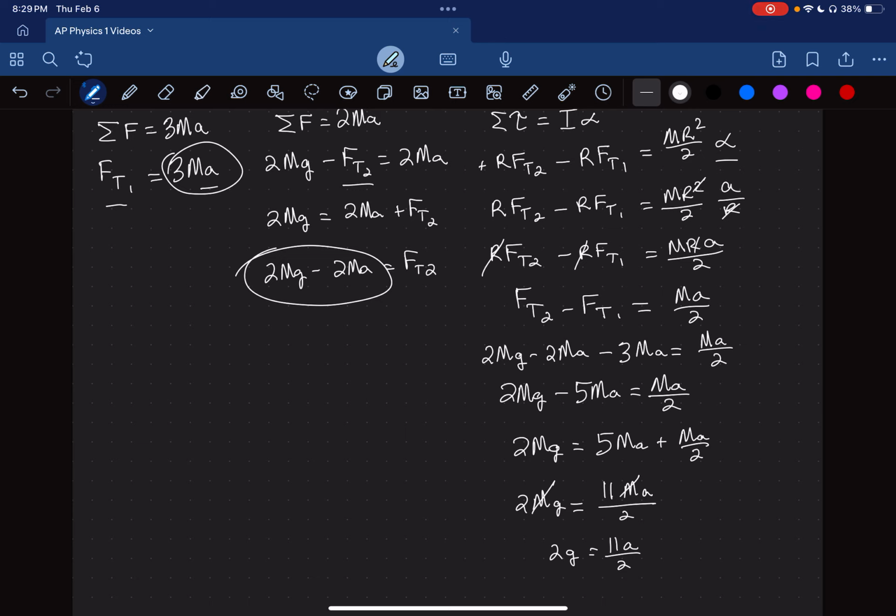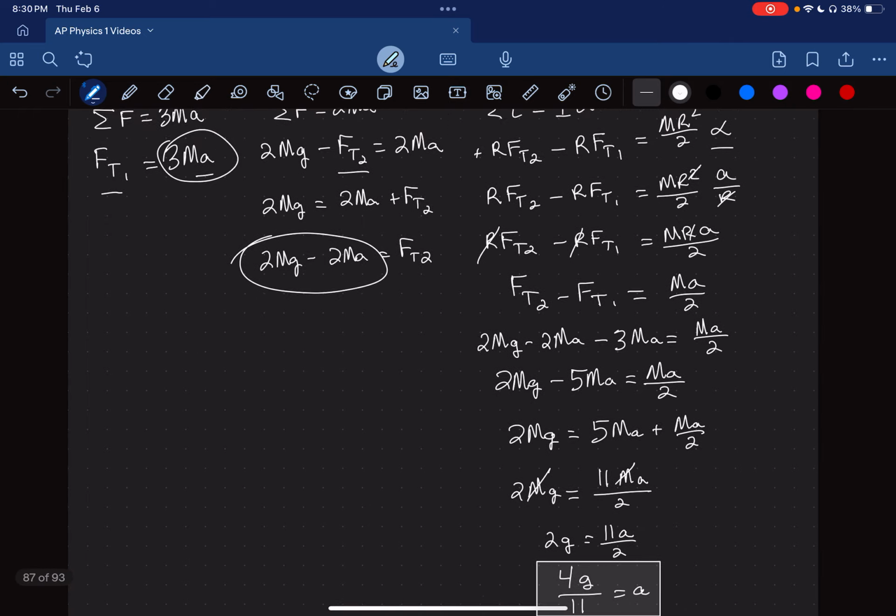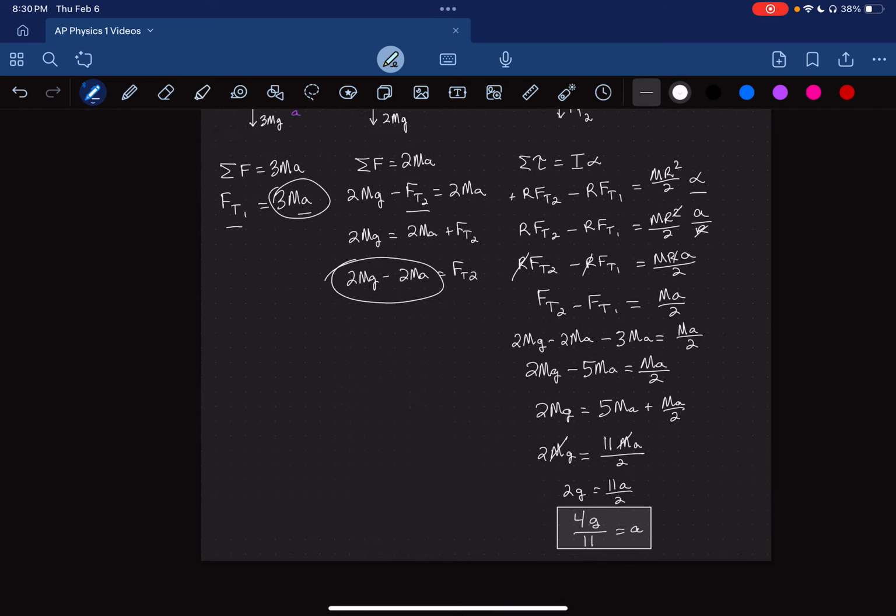Let's multiply 2 times both sides, and let's divide by 11. 2g times 2 is 4g over 11. This is numberless, and so we have our a by itself here. 4g over 11 is a good answer. It's in constants, which is acceptable.